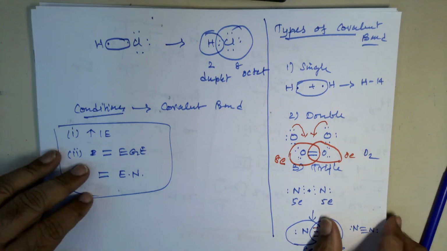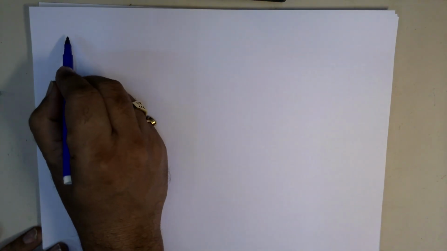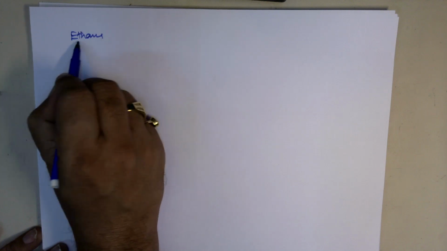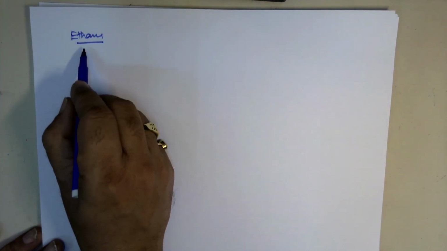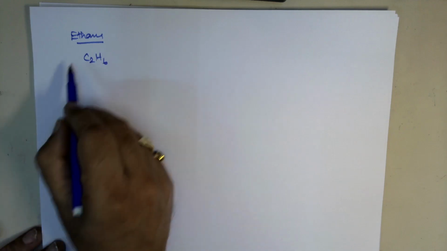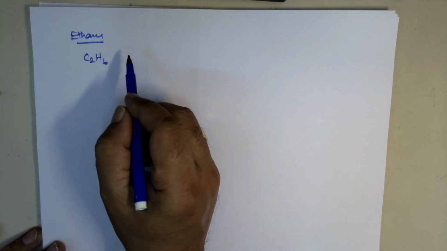Then we can explain some of the organic molecules like this also. For example, let me consider ethane. What is the formula of ethane? C2H6, an alkane, with the formula CnH2n plus 2.